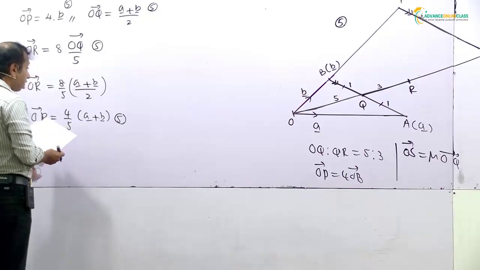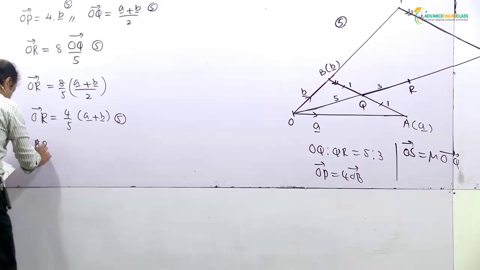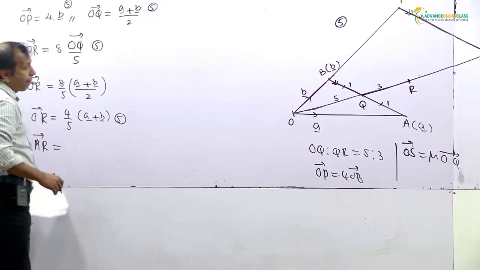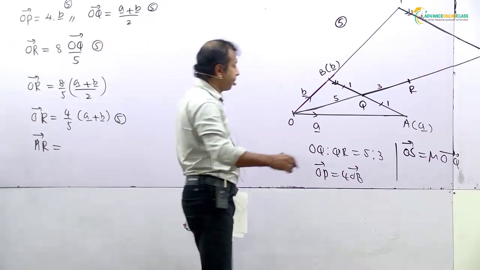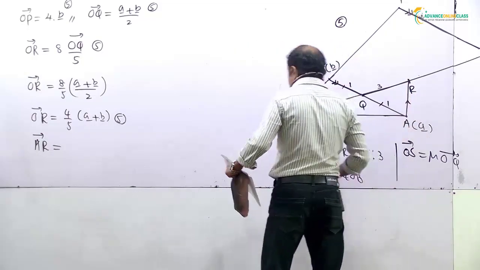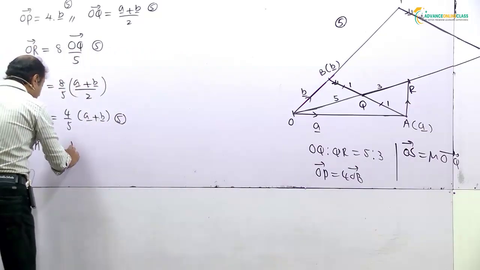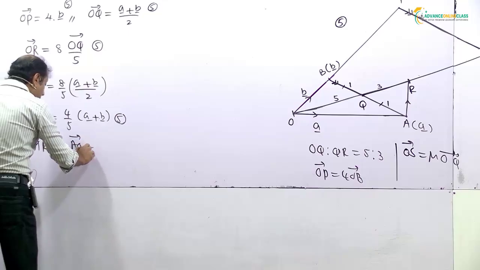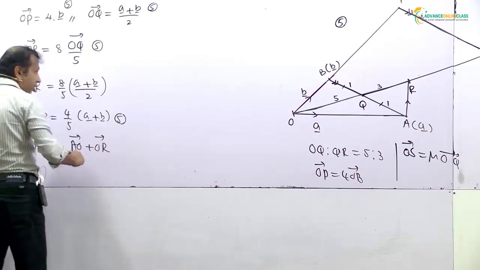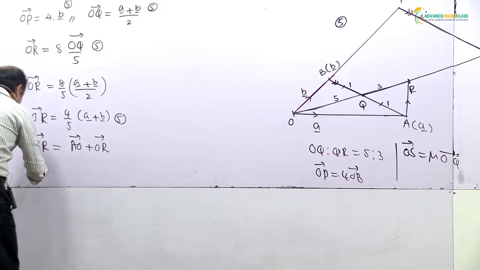Next one, asking AR vector. AR vector you can write this vector. AR vector you can write AO plus OR by the triangle law of vector addition.